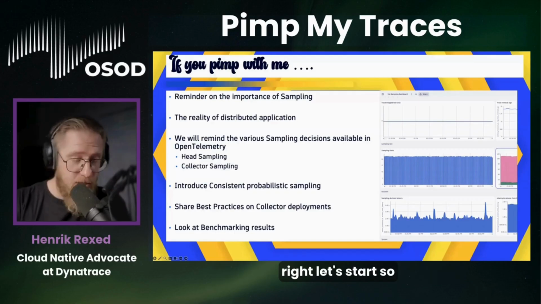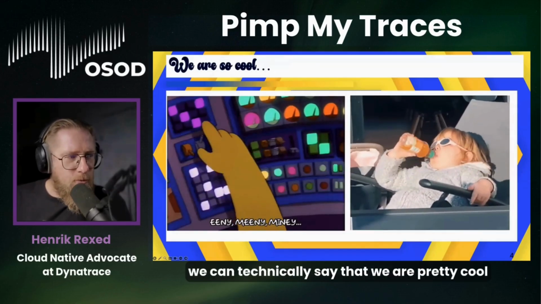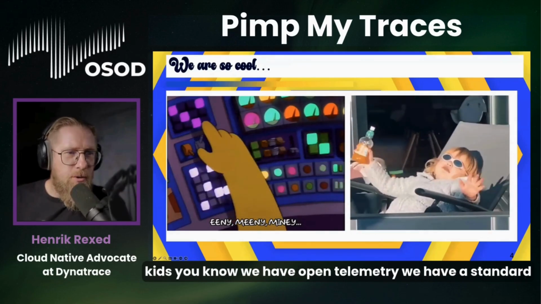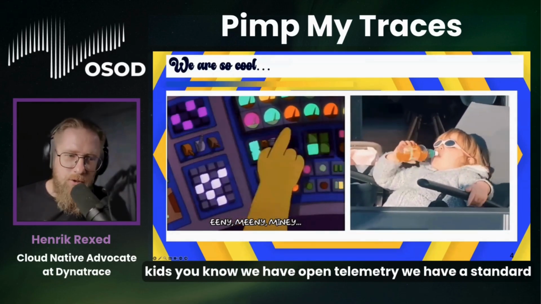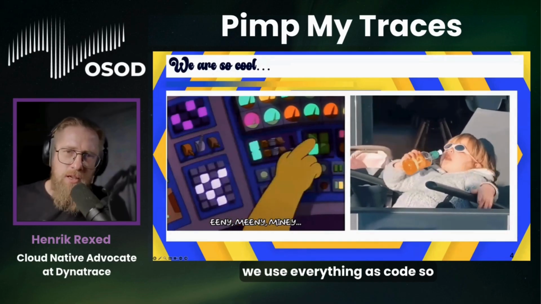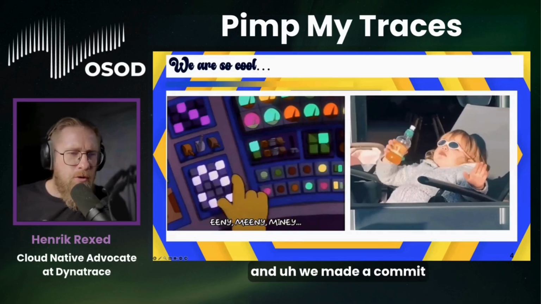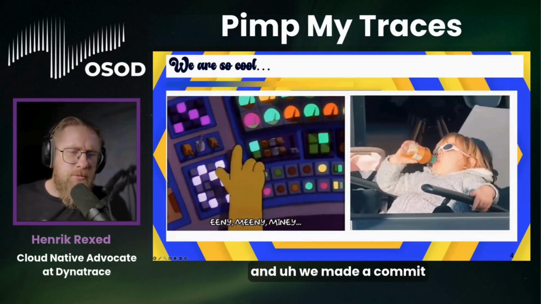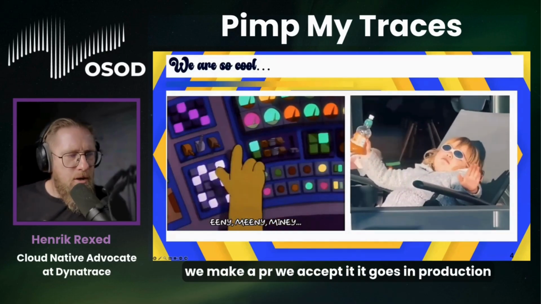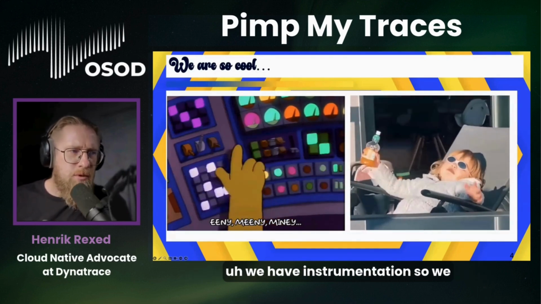All right, let's start. So today, we can technically say that we are pretty cool kids. We have OpenTelemetry, we have a standard. We use everything as code. We use a lot of GitHub workflows, we make a commit, we make a PR, we accept it, it goes in production. We have automatic dashboards.